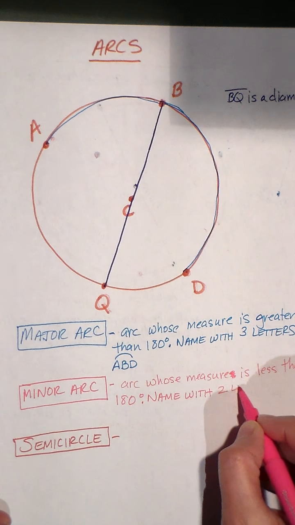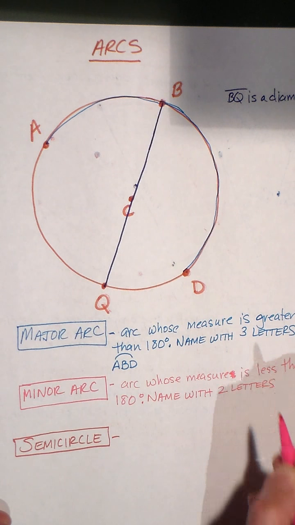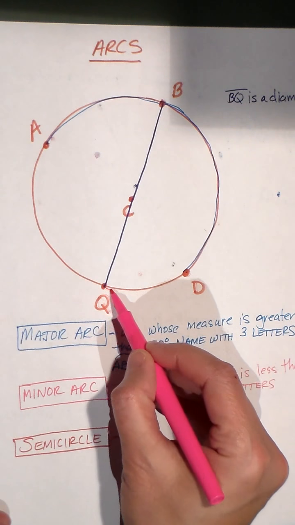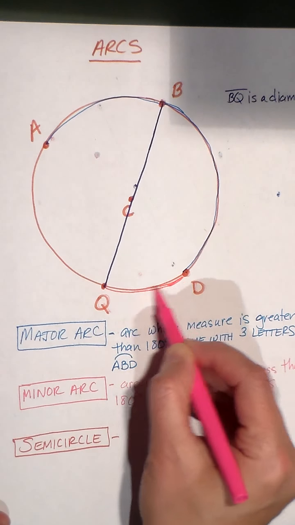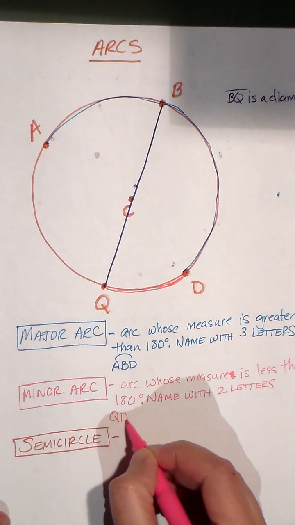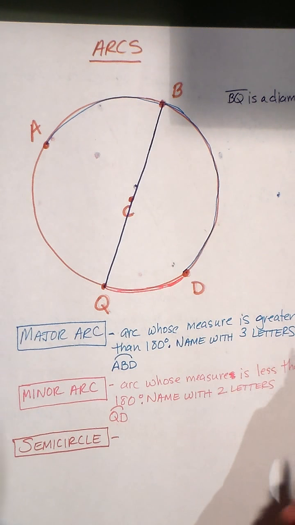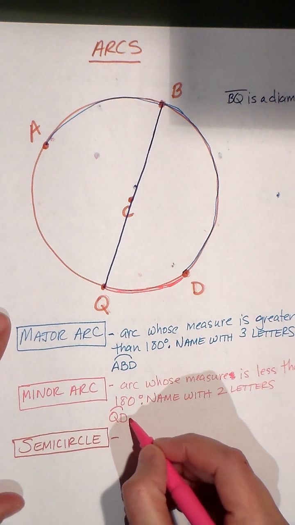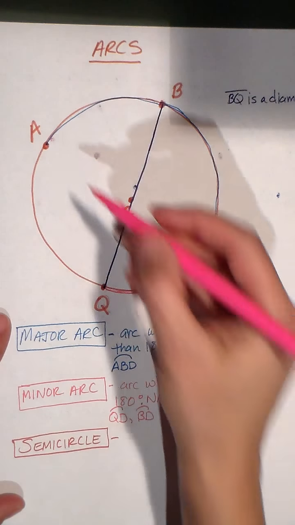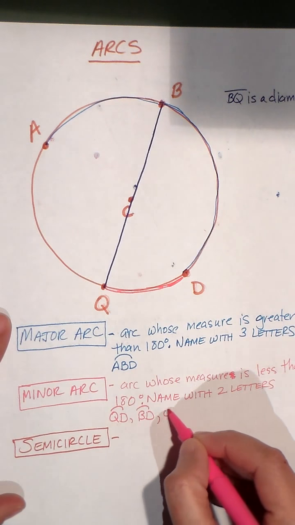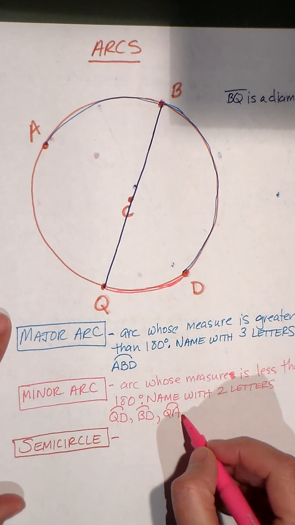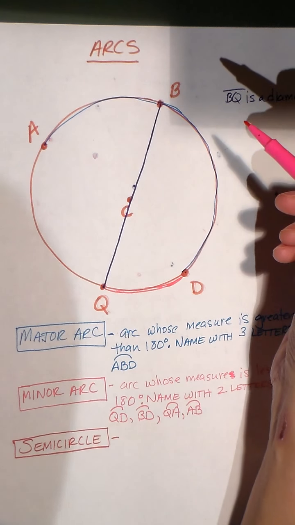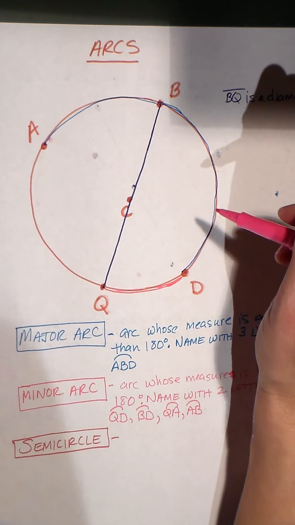So a minor arc you're going to name with 2 letters. It's very important that you're careful how you name these. So a minor arc, for example, would be arc QD. Arc QD is obviously less than 180, so arc QD would be a minor arc. Arc BD would be a minor arc. Arc QA would be a minor arc. Arc AB would be a minor arc. So these are all minor arcs.